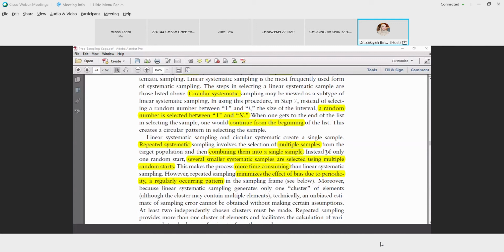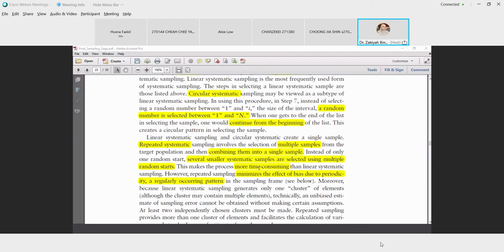You don't just start once. Linear, you start once, between 1 and k. Circular, you also start once, but between 1 and the population size. But for repeated, you start at random multiple times, and then you combine those to make one sample.